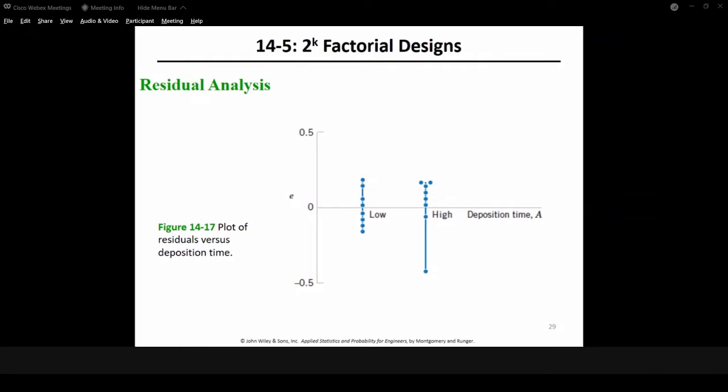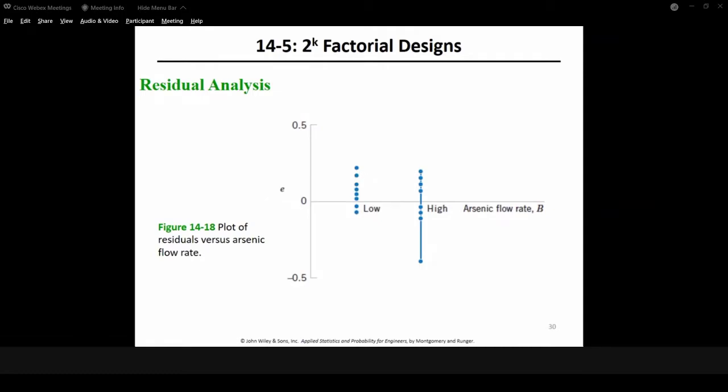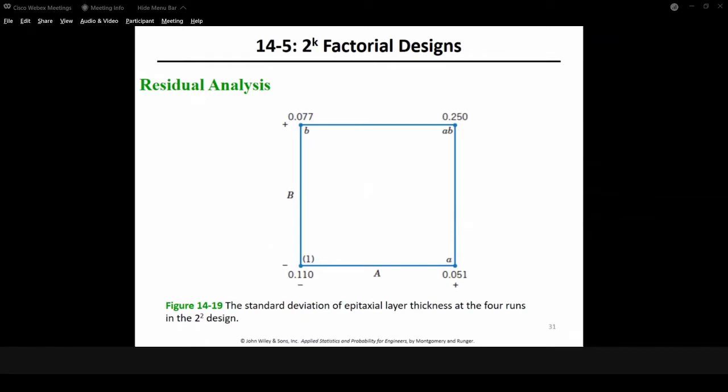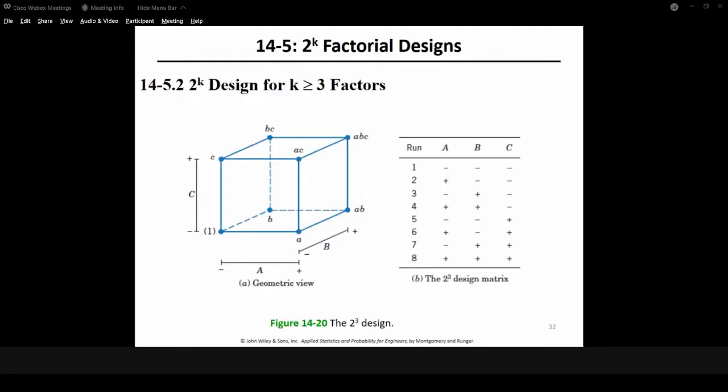I think you can refer to the textbook on how to calculate the residual for deposition time from the previous example, and also for the flow rate.